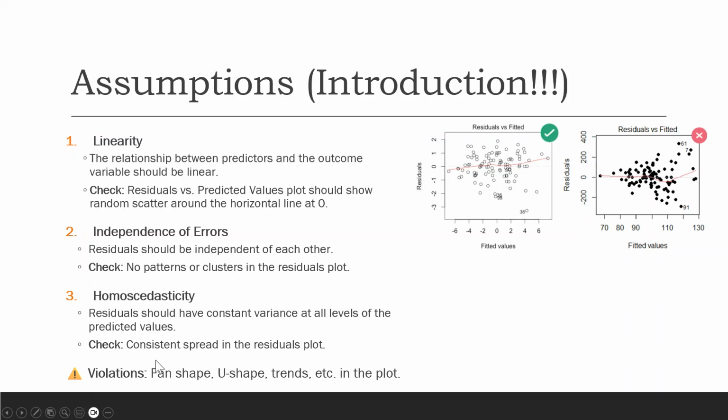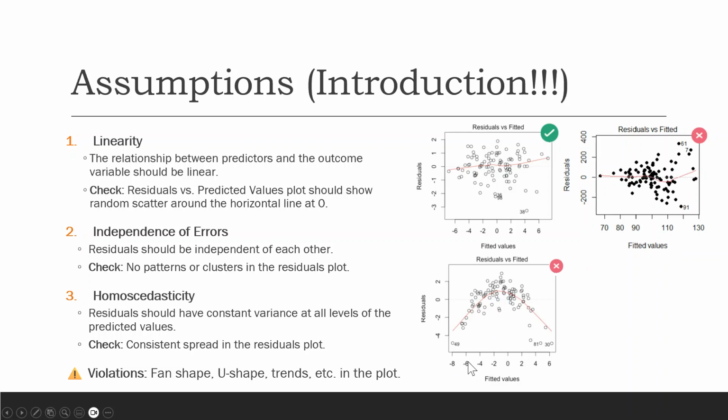But anyway, this is an example of a fan-shaped graph. Notice how this plot starts out with very low variance, meaning the points are not very widely spread out vertically. But as we continue to go to the right, the vertical spread in these residuals gets larger and larger. That is a fan shape, and that's evidence that some of these assumptions are not satisfied. For instance, homoscedasticity.